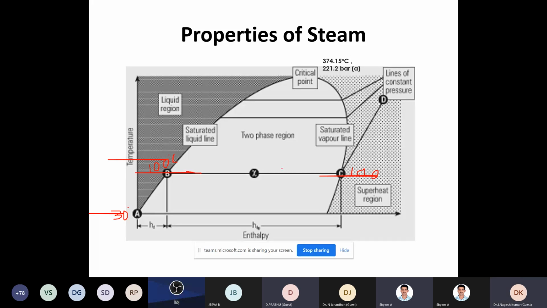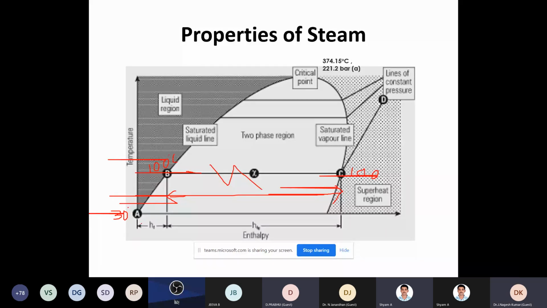So this portion, from here to here, where we have added heat for converting 100 degree water to 100 degree steam, is called the latent heat. This is the latent heat component.